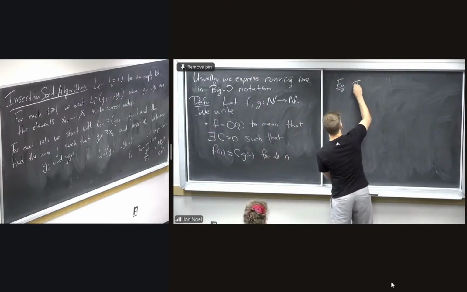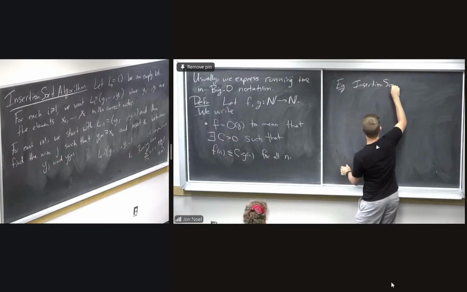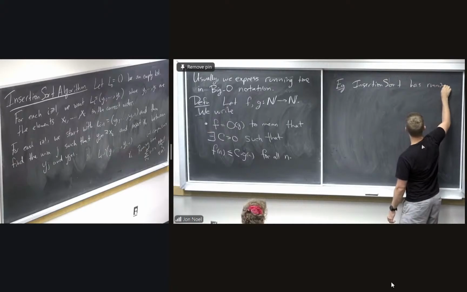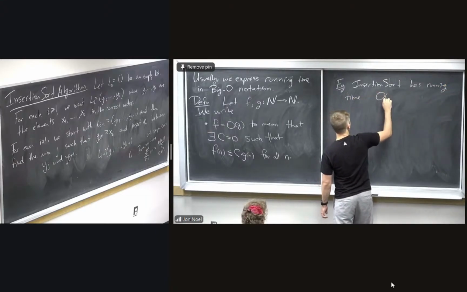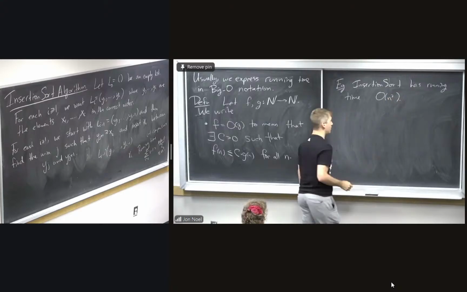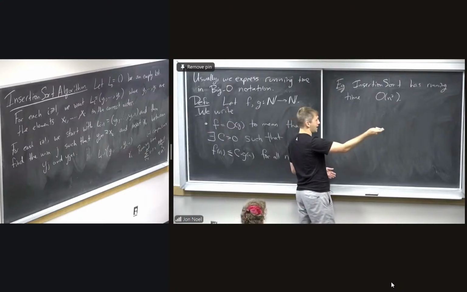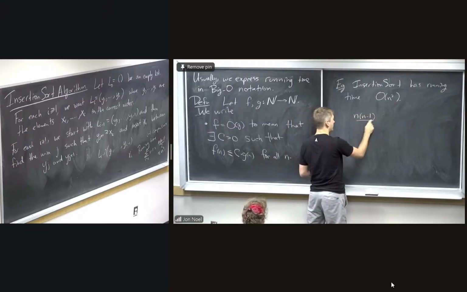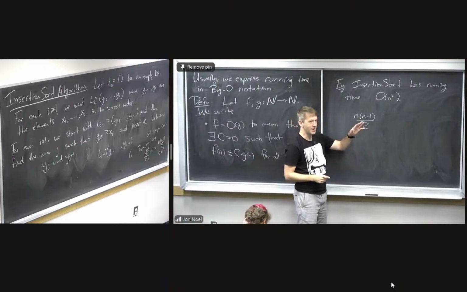So insertion sort has running time big O n squared. And the reason I can say that is because we analyzed the running time and we got something like n times n minus 1 over 2, although I probably skipped some branching instructions, but that's not a big deal.